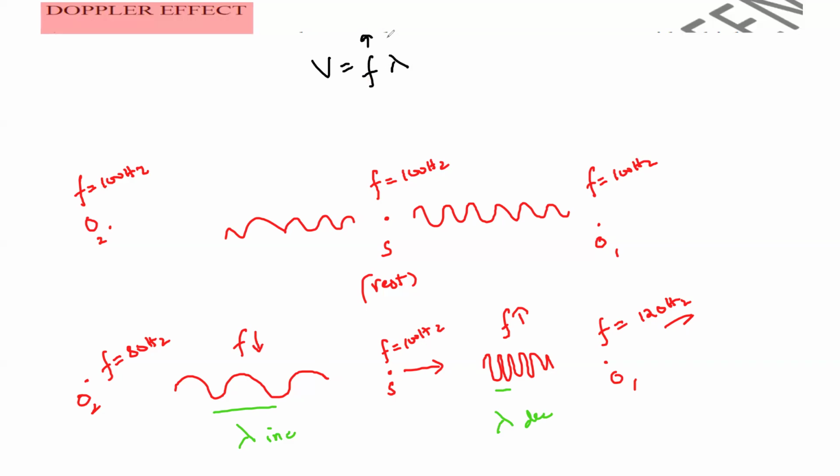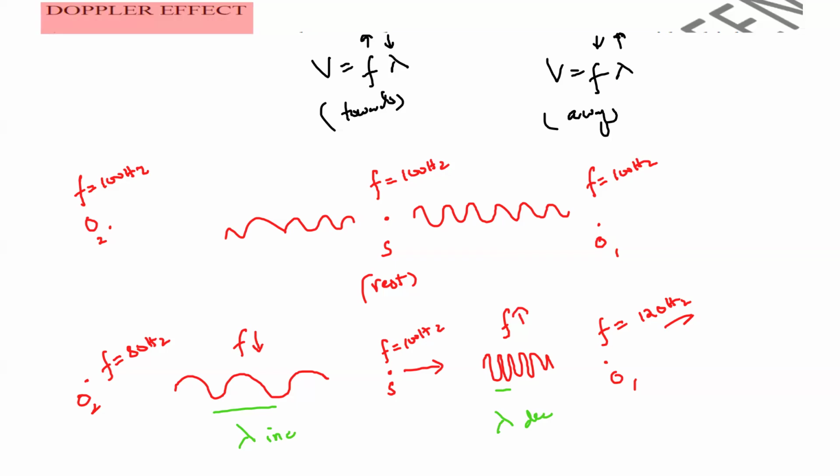If the frequency is increasing, the wavelength is decreasing. This happens when the source is moving towards the observer. If it moves away from the observer, the frequency will be lower and the wavelength will be longer, but the speed of the wave does not change.